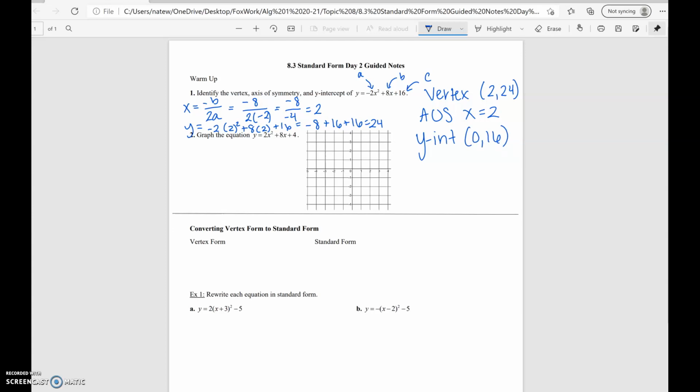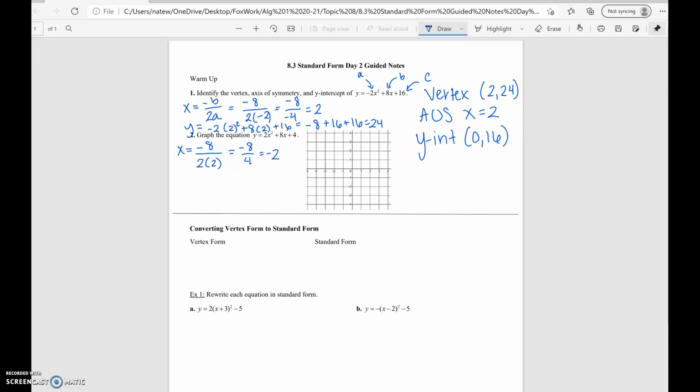All right, the second one says graph the equation y equals 2x squared plus 8x plus 4. So we have to do similar steps. We need to find the vertex, and we also need to find the y-intercept for this one. So let's start with the vertex. Negative b, so negative 8 over 2a, which is 4. So that gives us negative 8 over 4, which gives us negative 2.